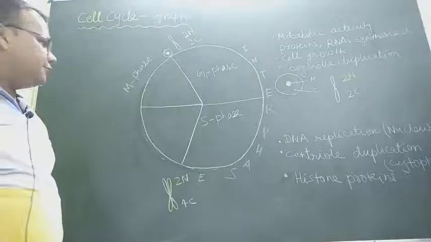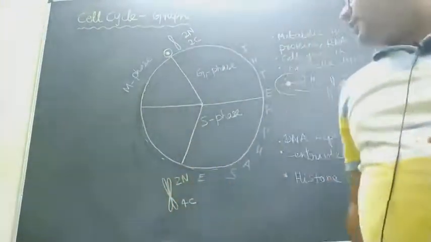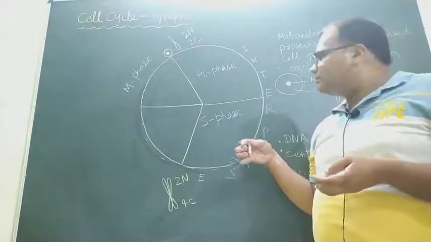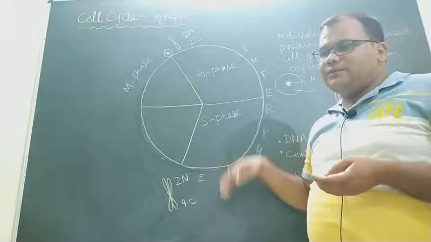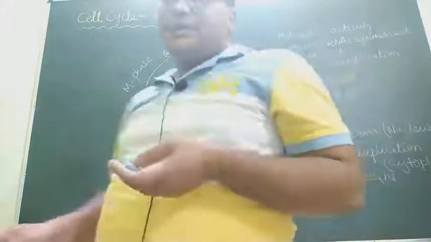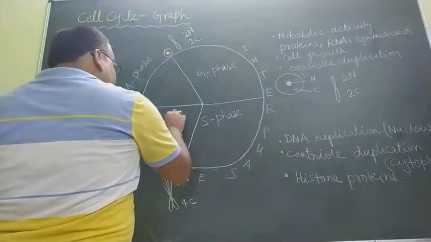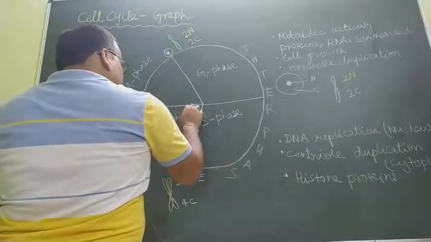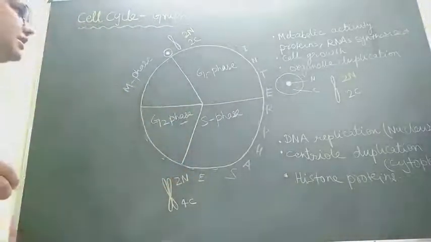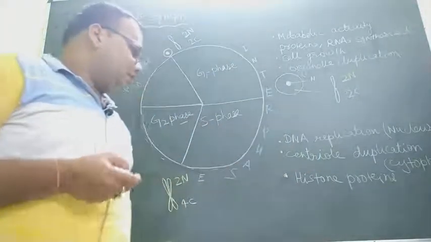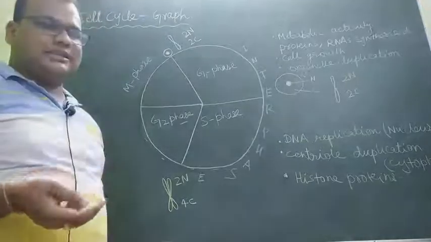So this is the completion of S phase. When the DNA is synthesized, the cell invests some more time prior to actual division, and this time period is called G2 phase or gap 2 phase. In G2 phase, it is observed whether the replicated DNA synthesized is right or wrong.